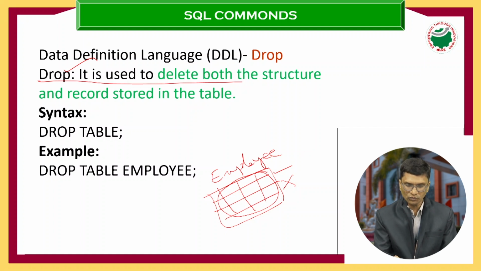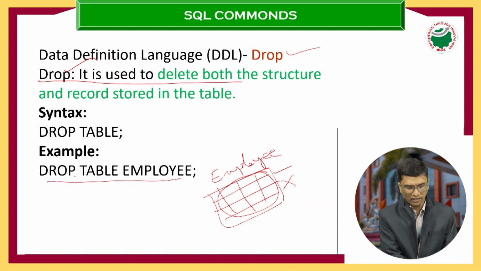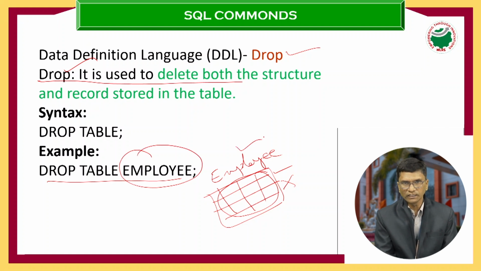For that reason, we have to carefully choose whether we are going for drop or another delete command. The syntax for drop is drop table. Example, drop table employee. The name of our table is employee, for that reason we are writing employee. By using this, the employee table will not exist in our database.